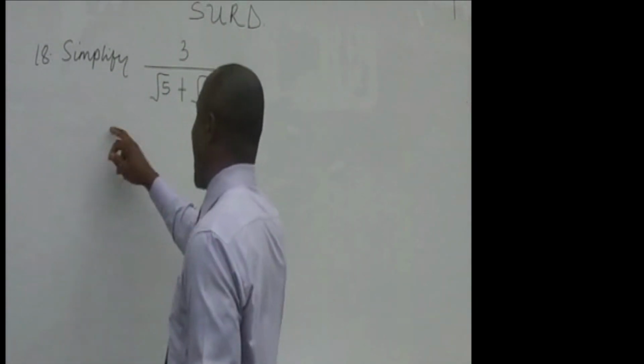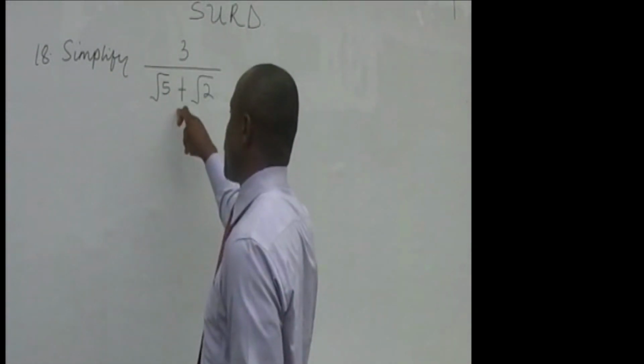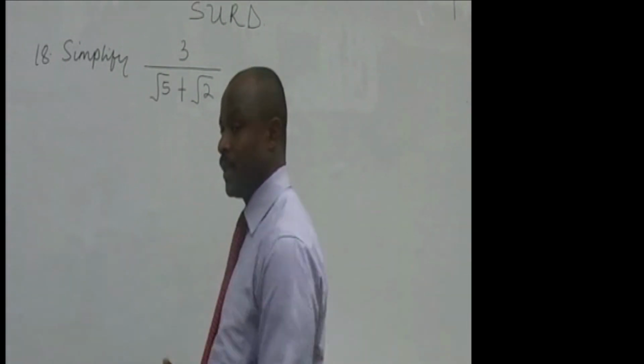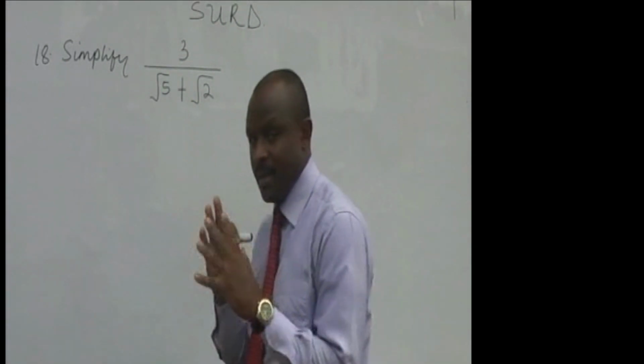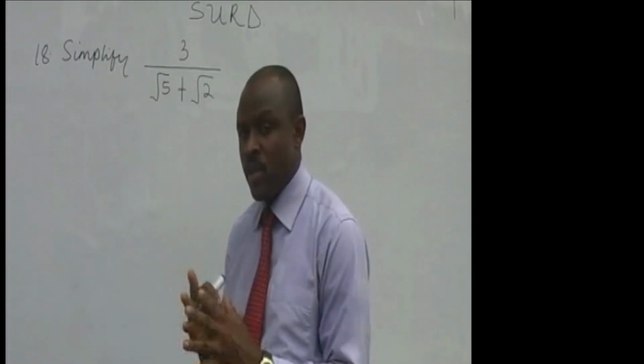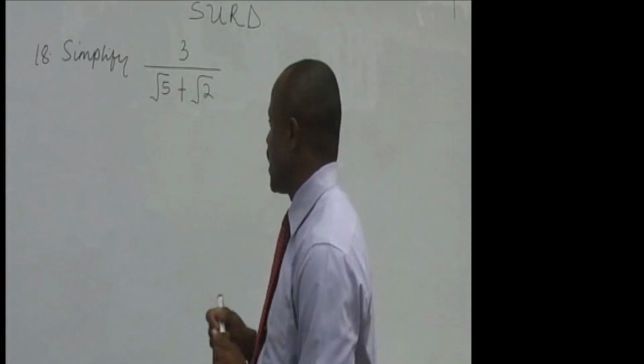18 says simplify 3 all over root 5 plus root 2. This is somehow a more technical type. I want you to pay attention.